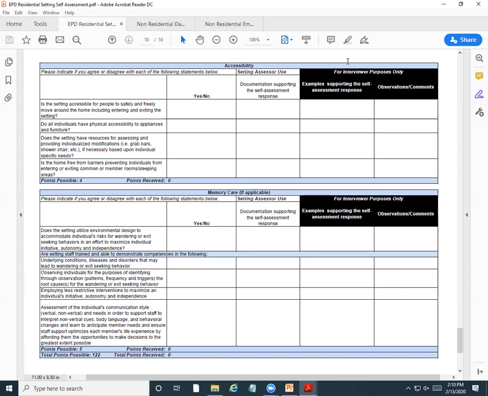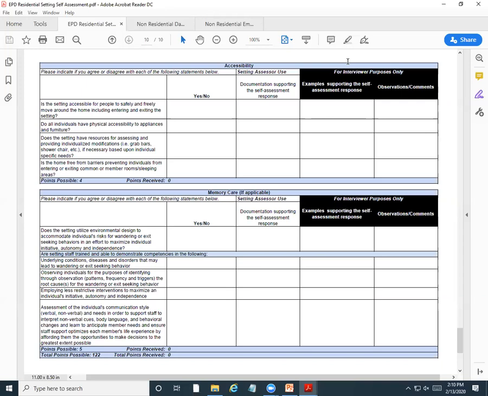And is the home free from barriers preventing individuals from entering or exiting common rooms or member rooms or sleeping areas? Those barriers could be anything from baby gates, just blocking a room or locking a door to an otherwise accessible area. And again, we don't expect every setting to become in compliance with the ADA specifications in general. This is for people living in that home and what their needs are for accessibility.